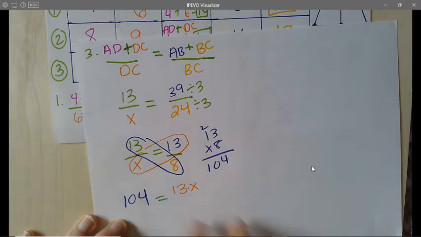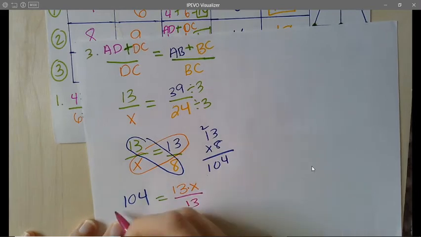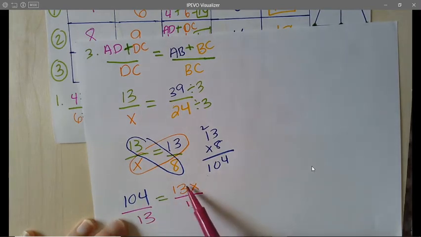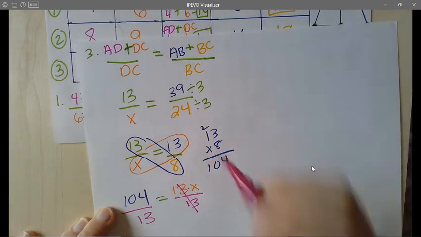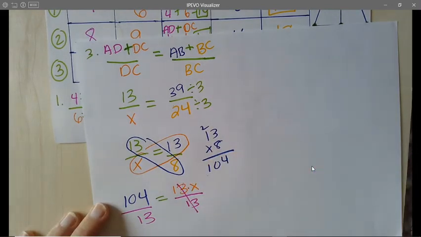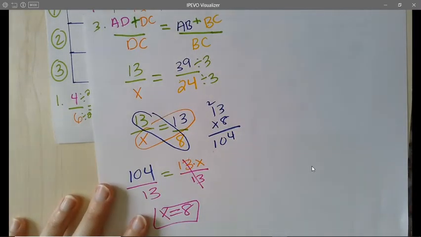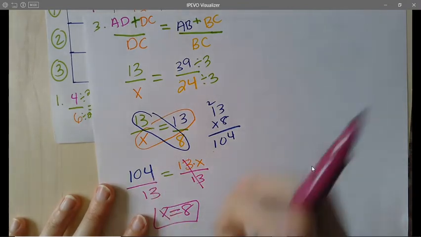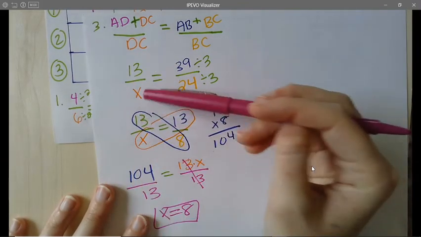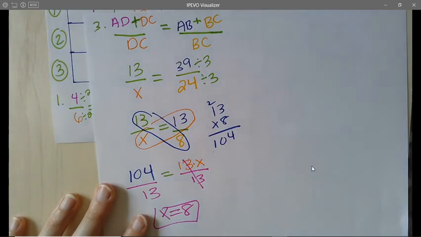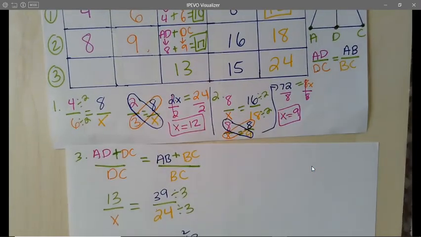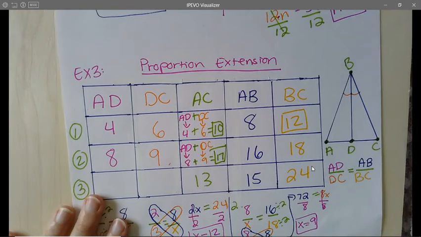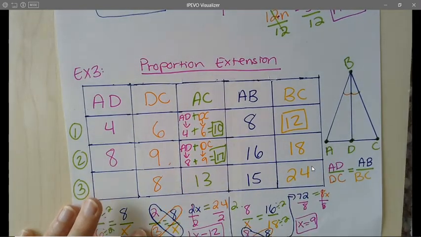The way you move the 13 to the other side is by dividing both sides by 13. 13 divided by 13 cancels and turns to 1. 104 divided by 13 gives me an 8. So I know my missing side, which is the x, is DC. So DC is 8, and I'm going to fill that in my nifty table.